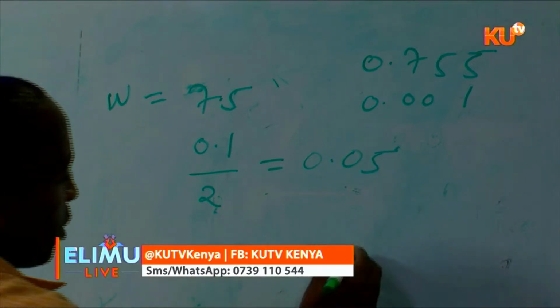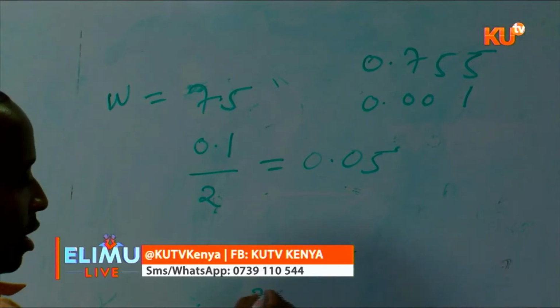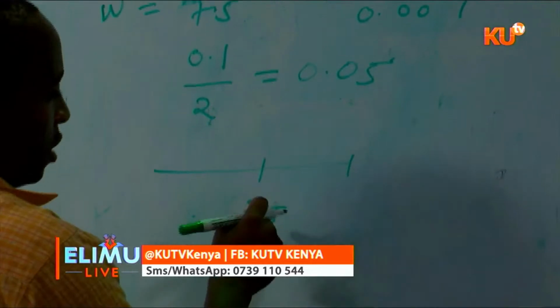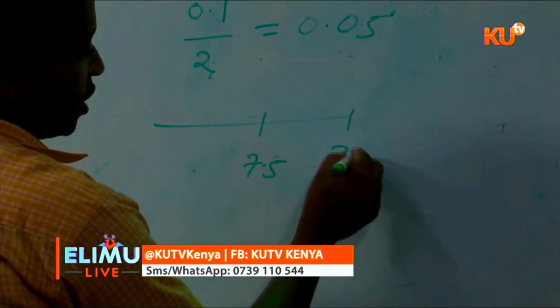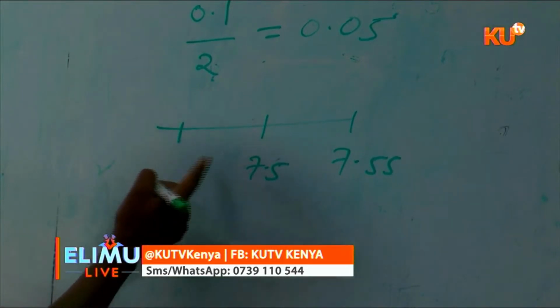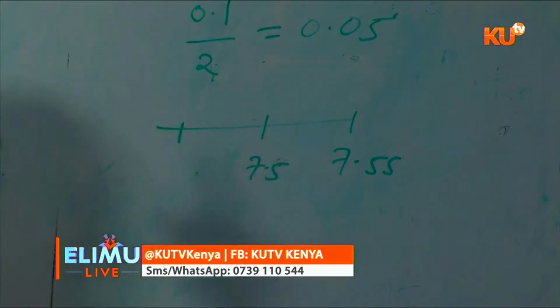So the actual number is 7.5. The upper bound, you add this one to get 7.55. The lower bound, you minus 0.05 from 7.5. Take your calculator to avoid committing an extra error when calculating the errors.